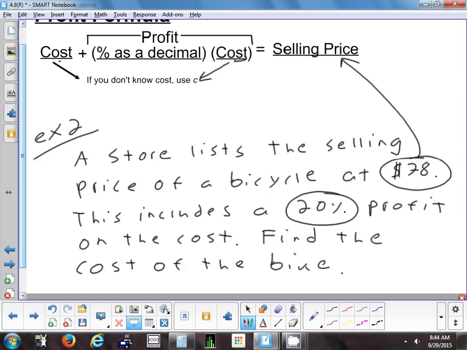That's my percent as a decimal. Okay, so I've got the selling price. I've got the percent. What's the only thing I don't have on the left-hand side? The cost. Okay, what are we going to fill in for the cost? C. Yeah, we're going to fill in C. Okay, fill in C for the cost.